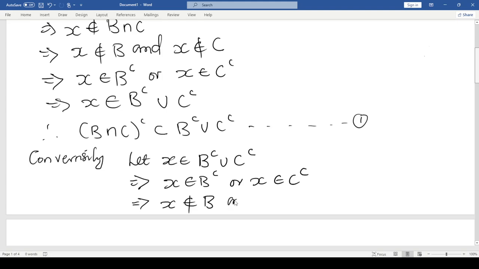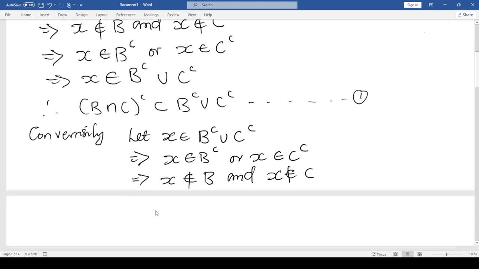So here we're going to say "and" X is not a member of C here. So this simply tells us one thing: if X doesn't belong to B and also doesn't belong to C, then X doesn't belong to B and C there. So here we're saying X is not a member of B ∩ C. If X is not a member of B ∩ C, it simply tells us that X is a member of the complement of the set that we have here.